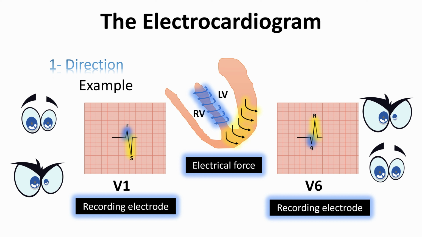If, however, the electrode is placed over the left ventricle, it records an initial negative deflection representing septal activation away from it, followed by a major positive deflection that denotes free wall activation toward it.